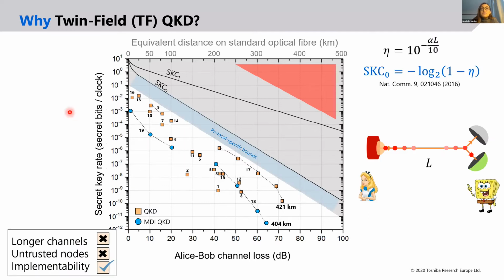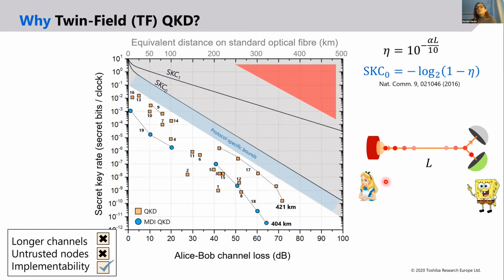And in fact, the fact that these points have this kind of trend is not a coincidence, and it's because they are theoretically bound by the secret key capacity, which I denoted here as SKC0, and it is this line right here. And the origin of SKC is just because of the transmissivity that you have in a certain QKD channel.